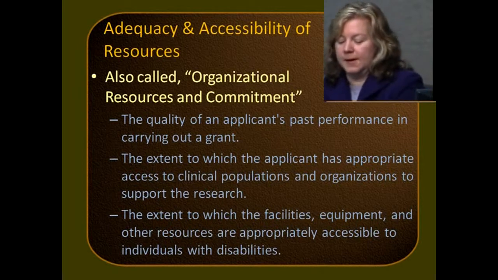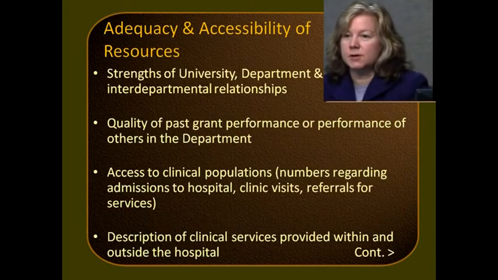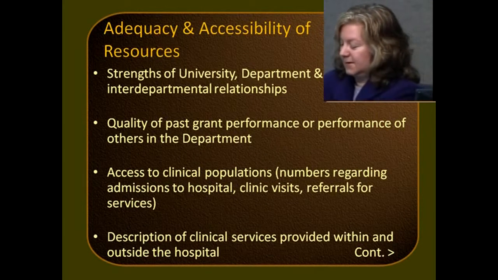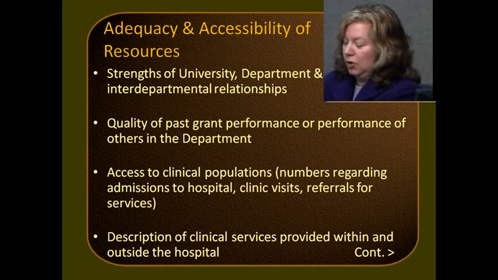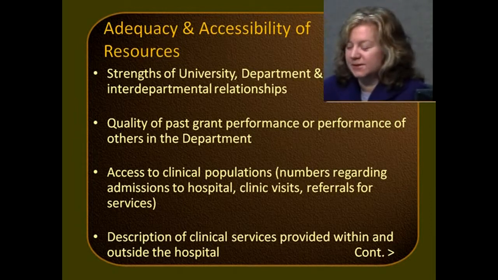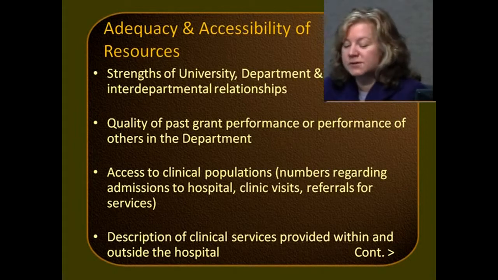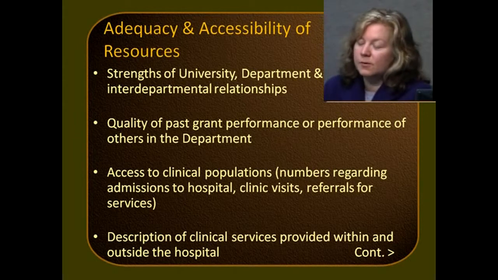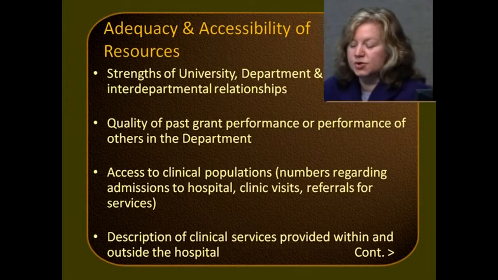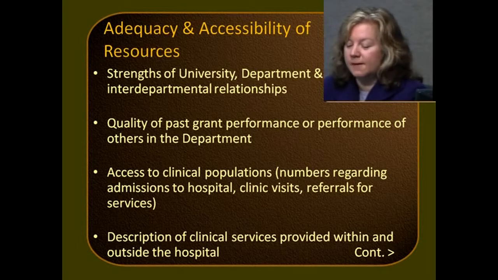If you are from a large institution, you may find that you could write for pages and pages and pages about the adequacy of your resources. This is where you can really brag on the accomplishments of your entire agency, university, or institution. So, for example, here at Virginia Commonwealth University, I might start this section off in very broad terms.